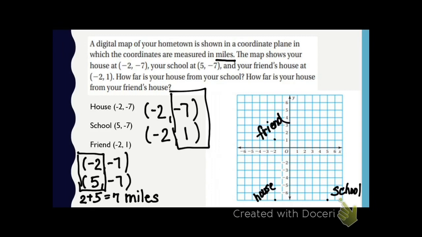So I'm going to add the absolute values. What's the absolute value of negative 7? 7. What's the absolute value of 1? 1. And 7 plus 1 is 8. And we already know our unit is miles. So your friend is 8 miles from your house, while the school is 7 miles from your house. All right, not hard if you stop and think about it.